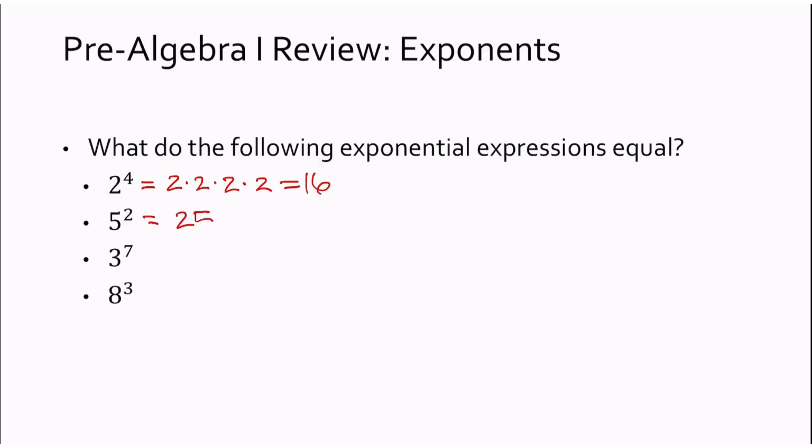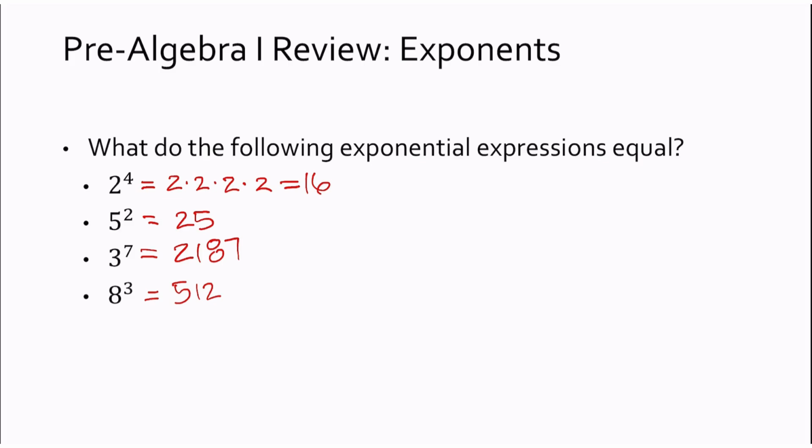This is 25. 5 times 5 is 25. 3 to the seventh power, that's 3 times 3 times 3 times 3 times 3 times 3 times 3, is 2,187. And then 8 to the third is 512.